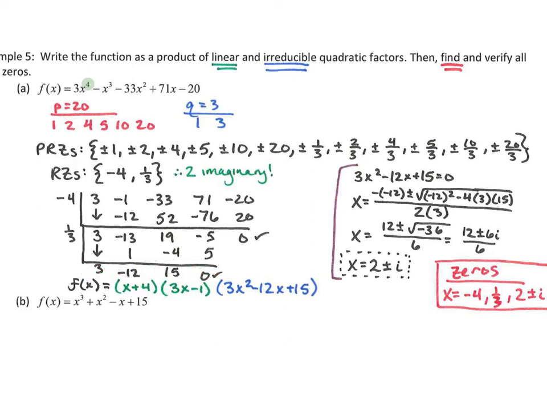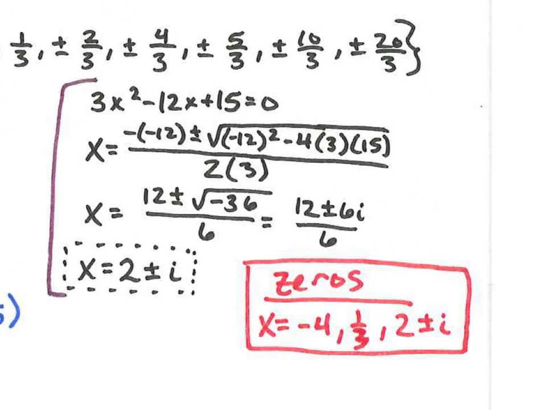But since this question still wants us to find all of the zeros, we need to take that irreducible quadratic factor and solve it. The only way to do that is either by completing the square or the quadratic formula. Remember, the quadratic formula is x equal to negative b plus or minus the square root of b squared minus 4 times a times c all over 2a.